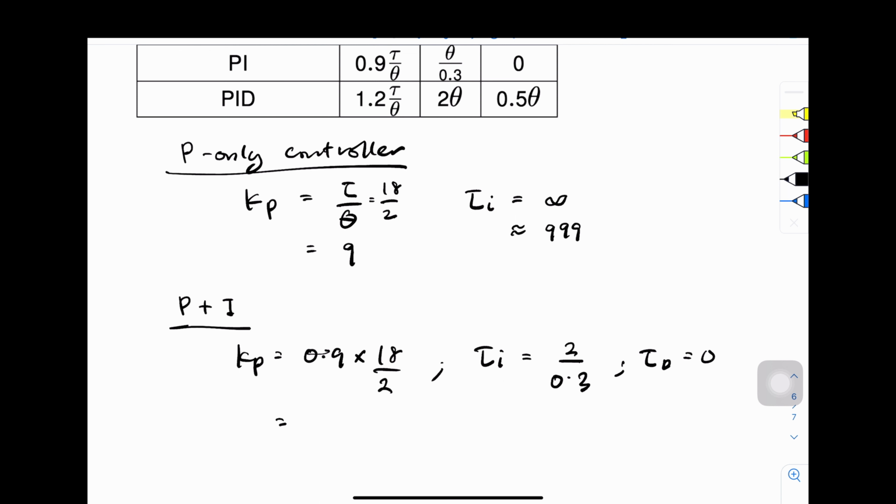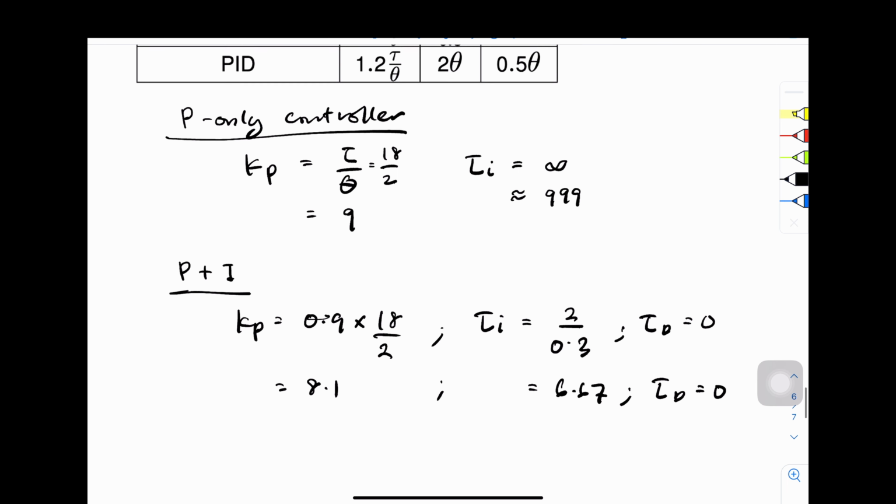So just use your calculator: 0.9 times 18 divided by 2, so we have 8.1, and Ti is equal to 2 divided by 0.3, 6.67, and tau D is equal to 0.